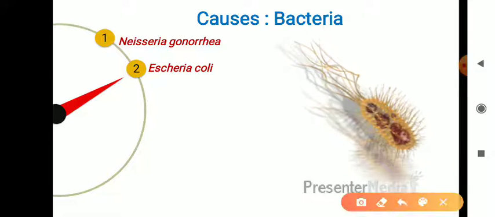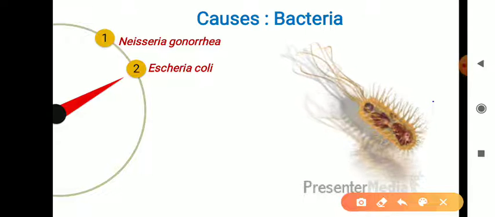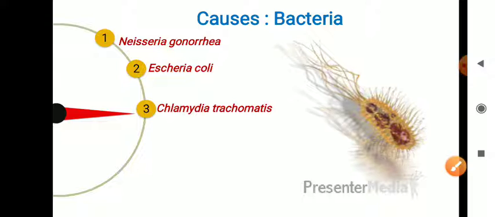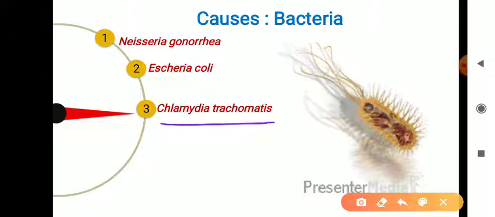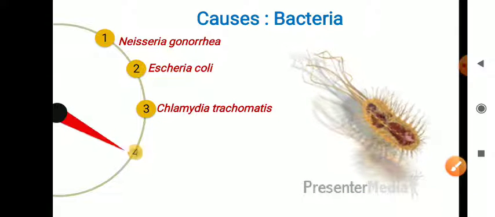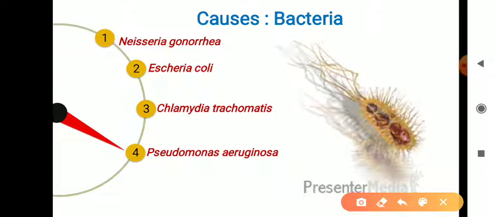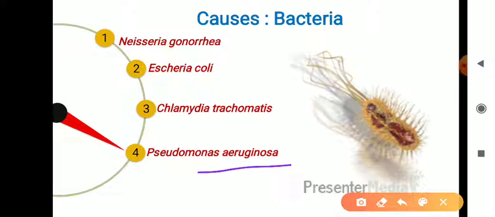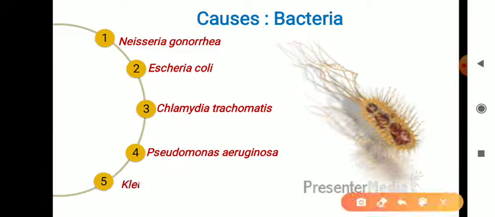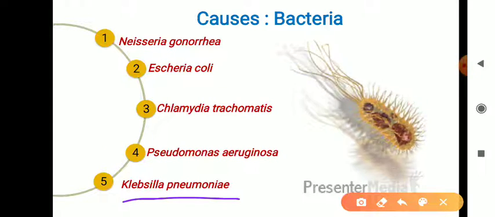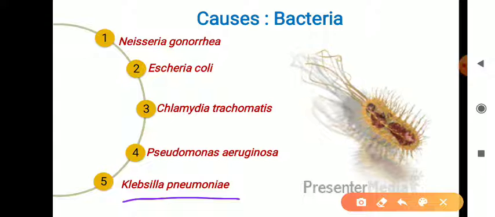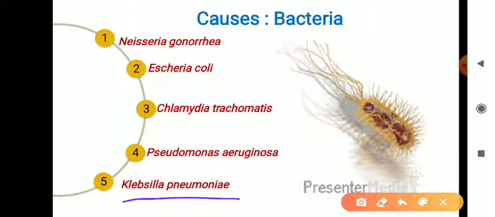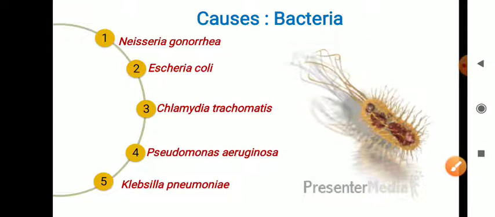Third one is Chlamydia trachomatis. Fourth one is Pseudomonas aeruginosa. Fifth one is Klebsiella pneumoniae. These are all bacteria that are causative agents of orchitis.